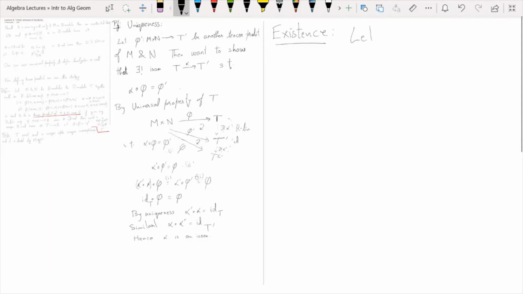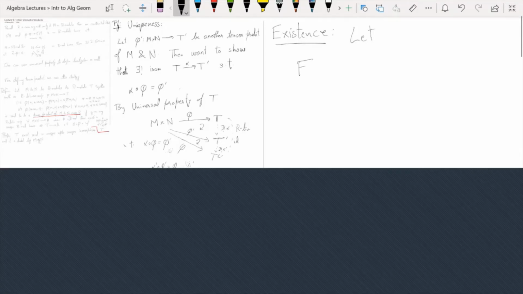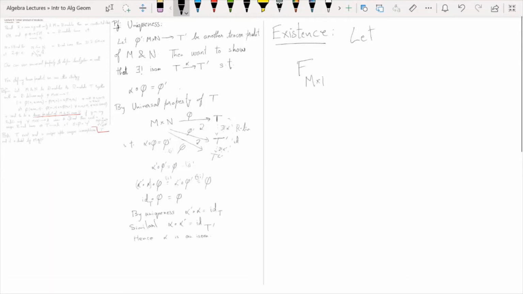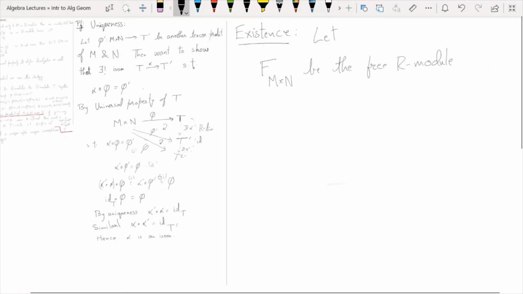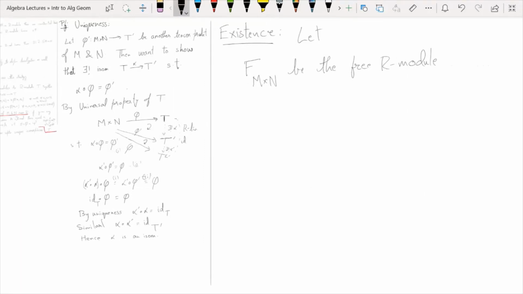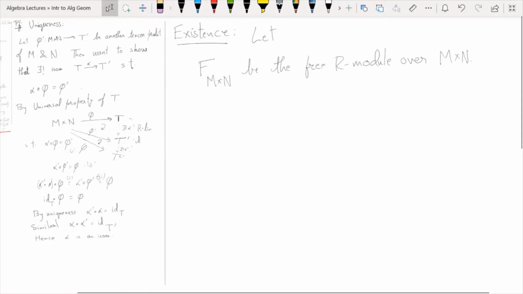So let F(M cross N) be the free R module over M cross N. You know what this means; M cross N is a set as well, so a free module over a set, you know what it means.